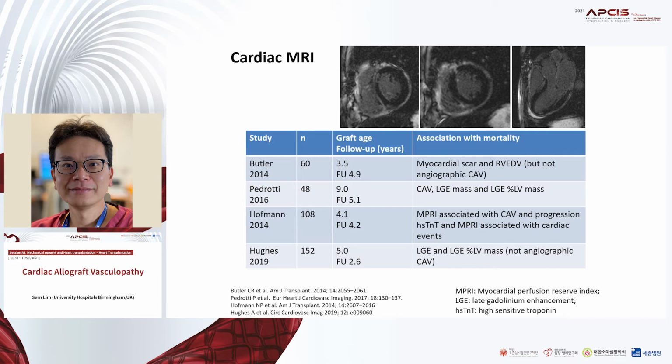So it suggests that once you've developed myocardial involvement, your prognosis may well be worse, even adjusted for the severity of the angiographic coronary artery disease. So it may certainly hold promise as a prognostic tool.